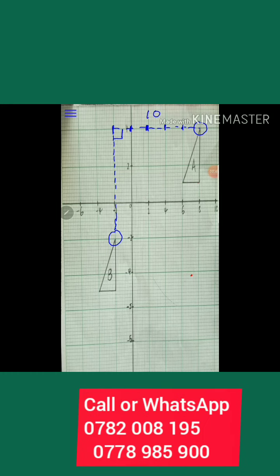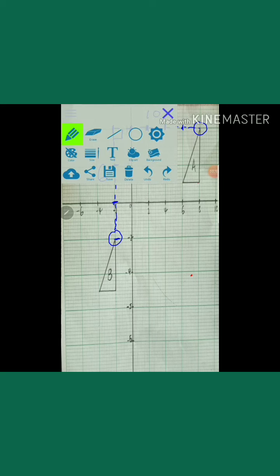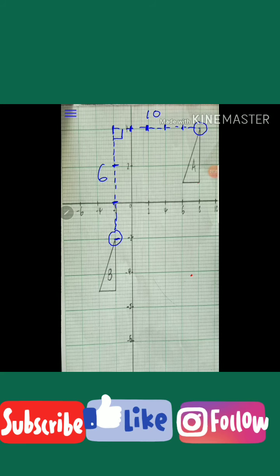Then for y, this is 2, this is 4, this is 6. We have moved to the negative side of x, so it's a negative movement, and also to the negative side of y.